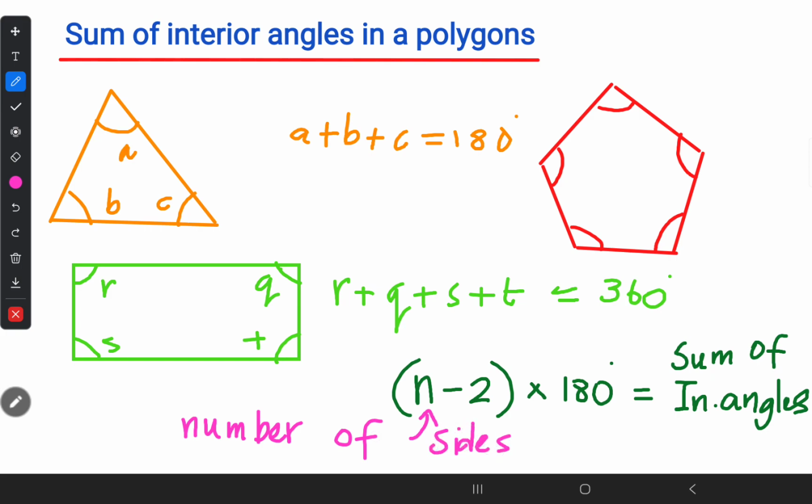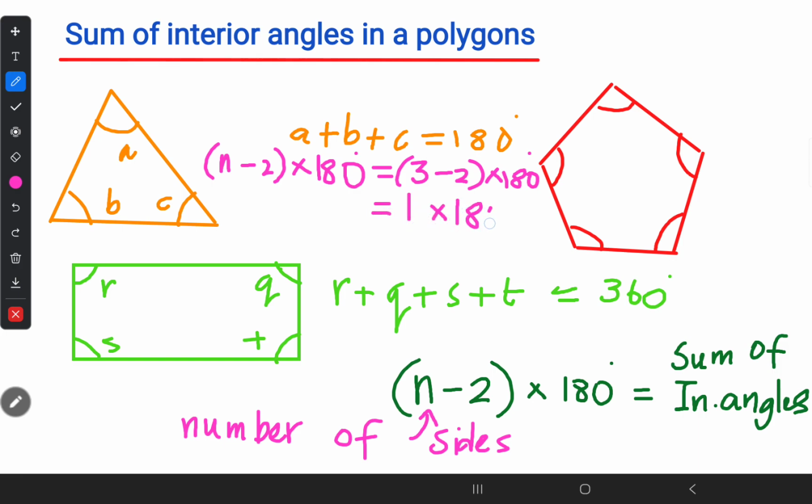So when I use this particular formula in the triangle, n minus 2 into 180, what is n? That means how many sides in this triangle? There are 3 sides. So instead of n, I am going to substitute 3. 3 minus 2 multiplied by 180. 3 minus 2 is just 1. 1 times 180 gives the answer directly as 180.